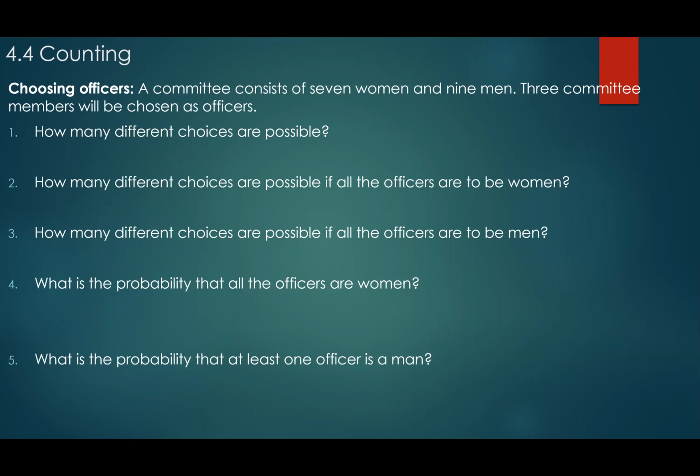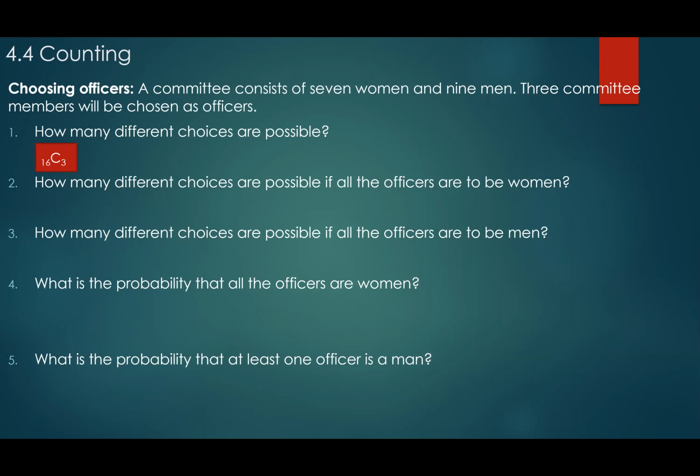Looking at this, they ask how many possible choices we can get when choosing a 3-person committee from a group of this many men and women. We did this yesterday: we add 7 and 9 to give us 16.